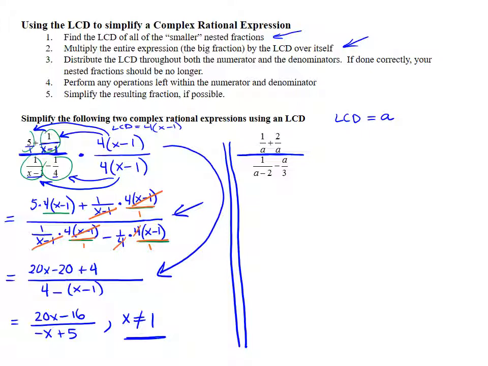In the bottom, I have more than just a, though. I have a denominator of a minus 2, so I need an a minus 2 in here. And I have a denominator of 3, so I need a 3. Typically we put a constant out front in our factorizations, so I'm going to use an LCD of 3a times a minus 2. I'm going to multiply both top and bottom by 3a times a minus 2.